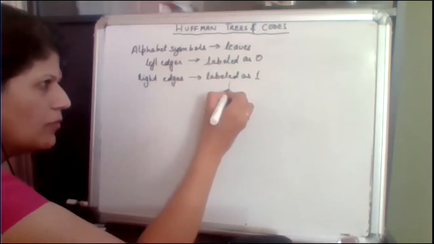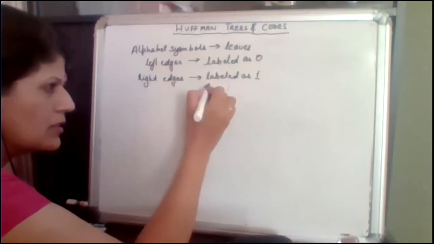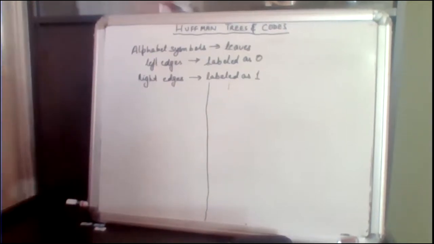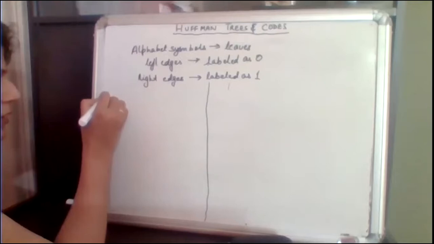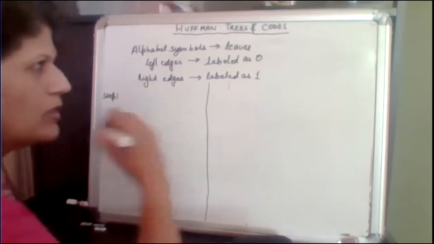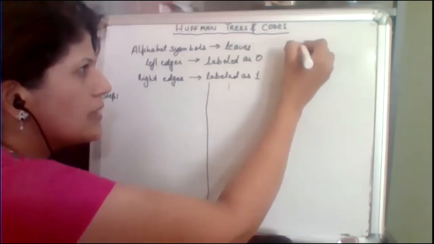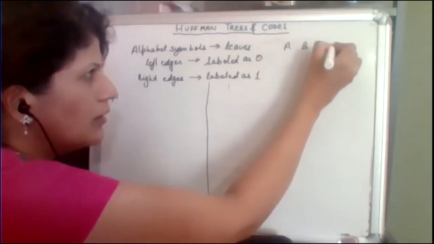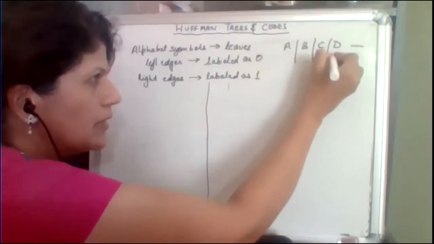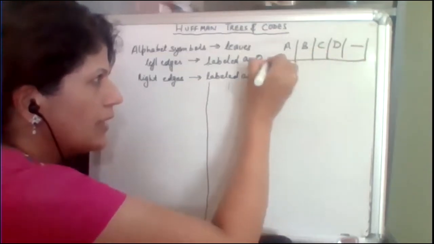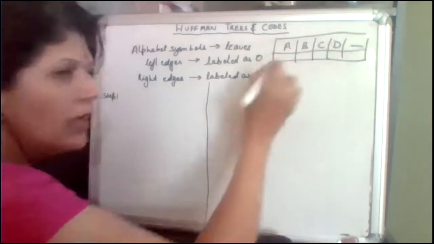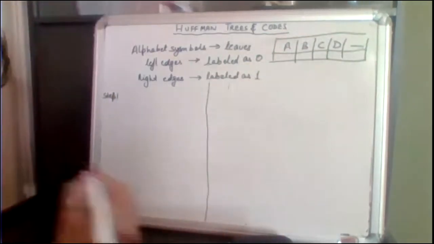Okay, so let me just divide this screen here, and we'll take an example and then also give the two-step algorithm. Before we start, let me say that there are 5 alphabets or characters given to us, and for those 5 characters we are given the frequency.